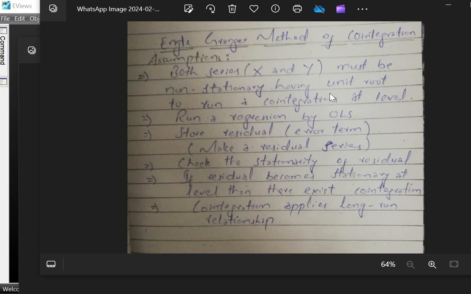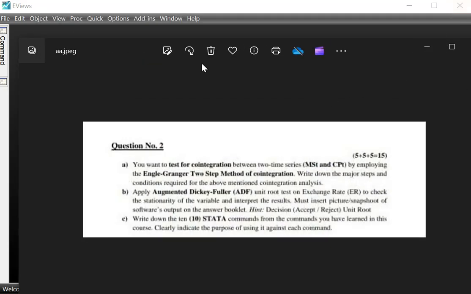First of all, we require data on money supply, as the question requires, and the CPI, and check their graphs, whether they are non-stationary or stationary. So this is all about our question.